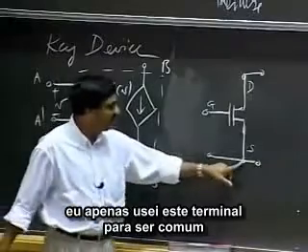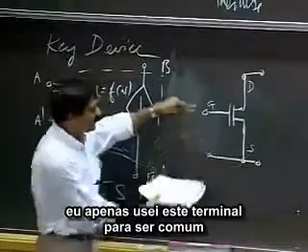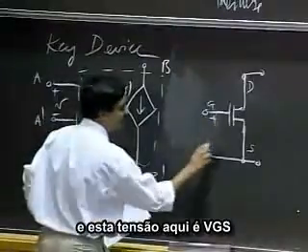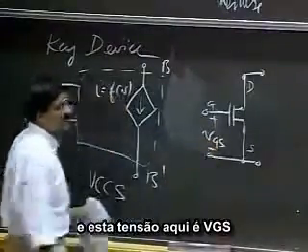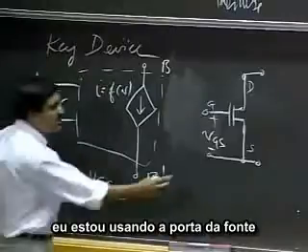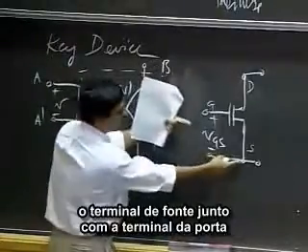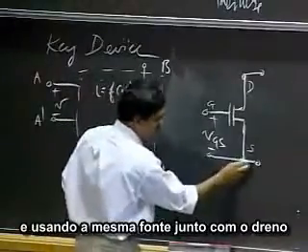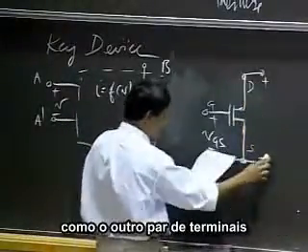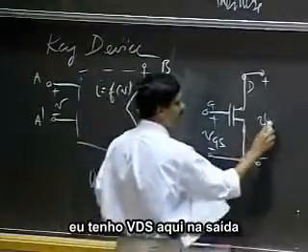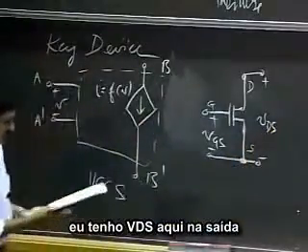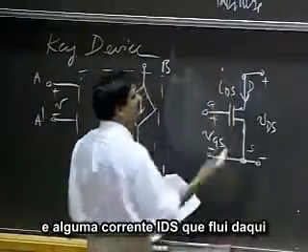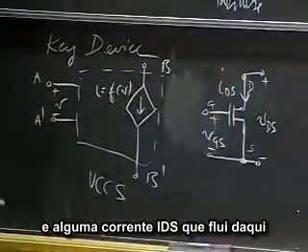I use the source terminal as common across both the gate and the drain. So this voltage here is VGS. I'm using the source terminal along with the gate as a terminal pair, and the same source along with the drain as another terminal pair. So I have a VDS out there, and I have some current IDS that flows out here.